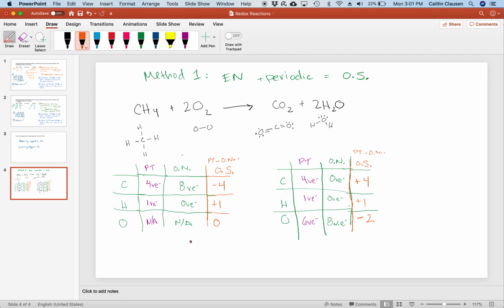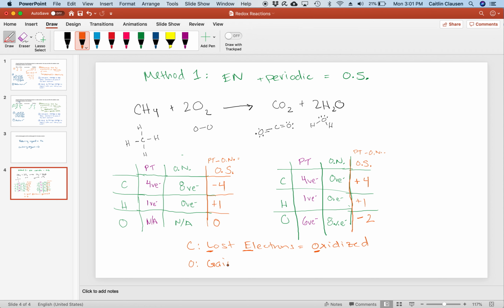So carbon lost electrons. That means it got oxidized. LEO. Hydrogen, nothing happened. It's plus 1, it's still plus 1. No change. Oxygen went from 0 to minus 2.